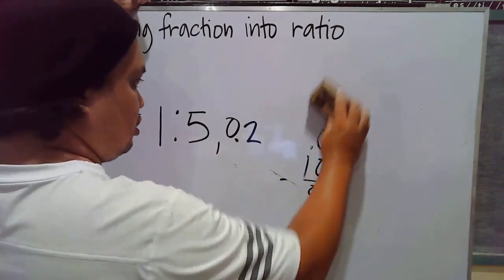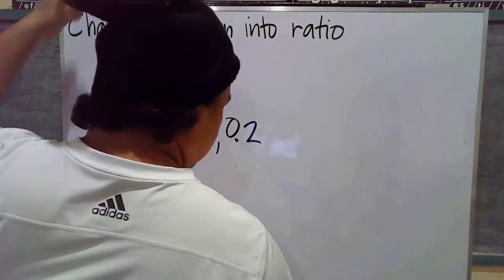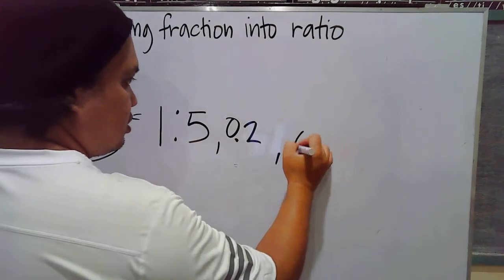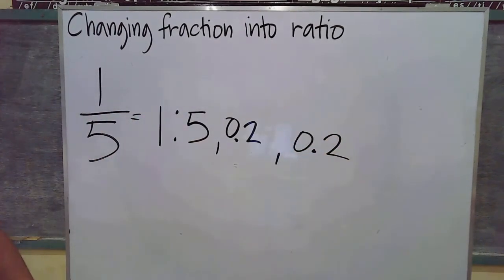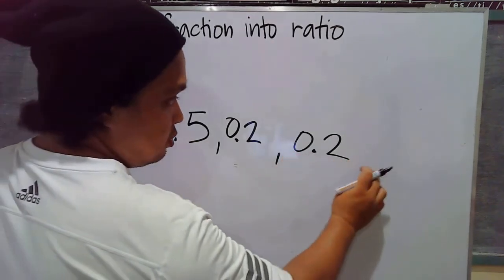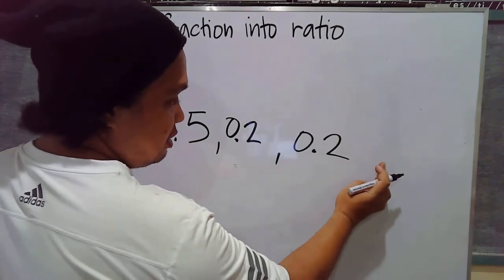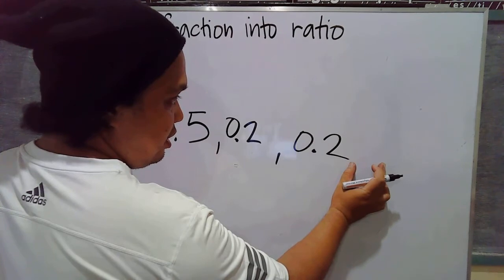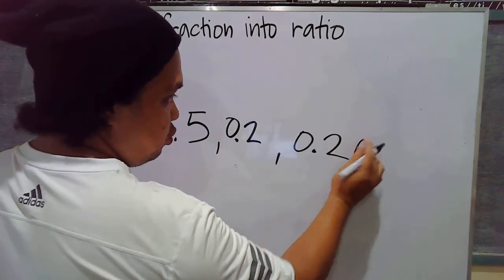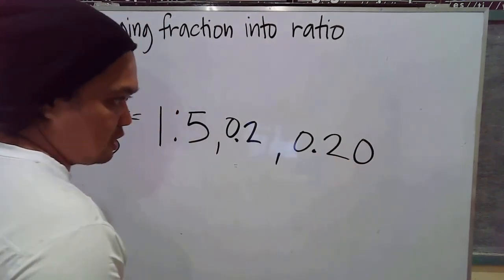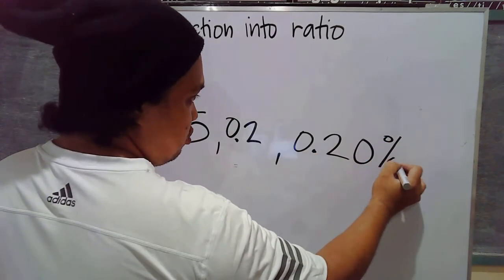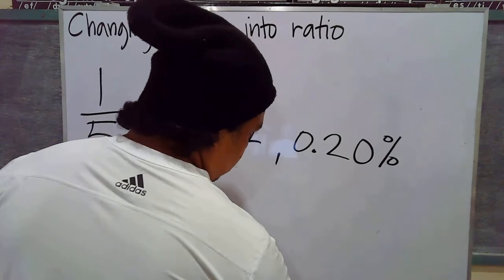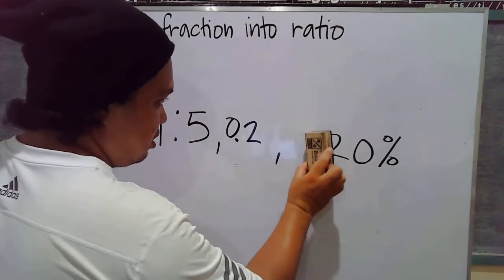Now let's change 0.2 into percent. From the decimal point, just move 2 steps to the right. 1, 2. So we have the decimal point here, but we have a blank place here. Just add 0, so we have made 2 steps to the right. Drop the decimal point and put the percent symbol. So it becomes 20%.